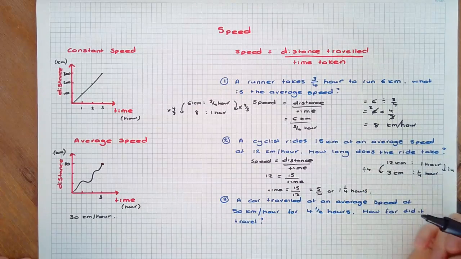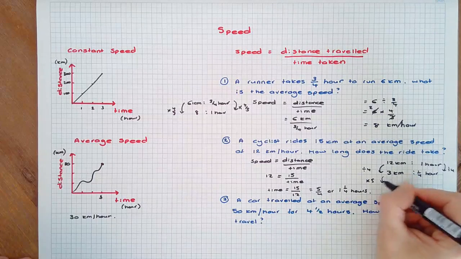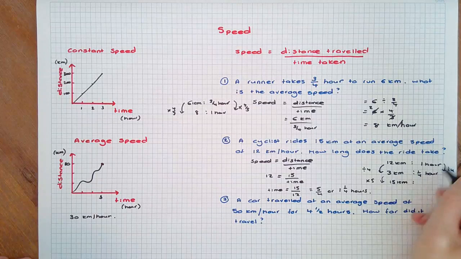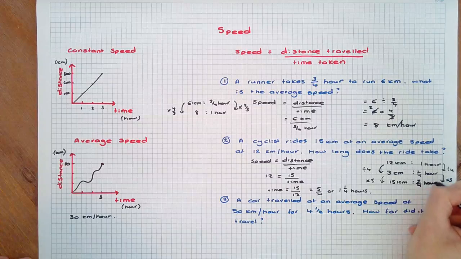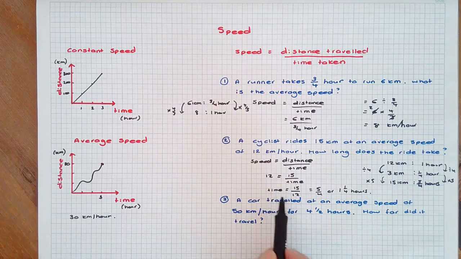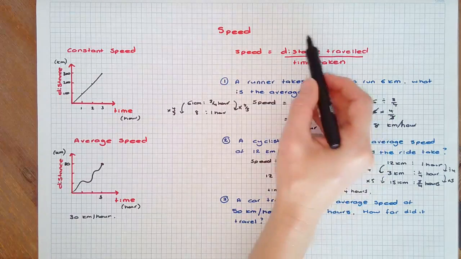Now we need to know 15 kilometres, so we can multiply 3 by 5 to get 15 kilometres, and 1/4 of an hour times 5, we'd get 5/4 hours, or again we could change to a mixed numeral of 1 1/4 hours. So therefore we could see that time equals the distance divided by speed, which is rearranging this formula.